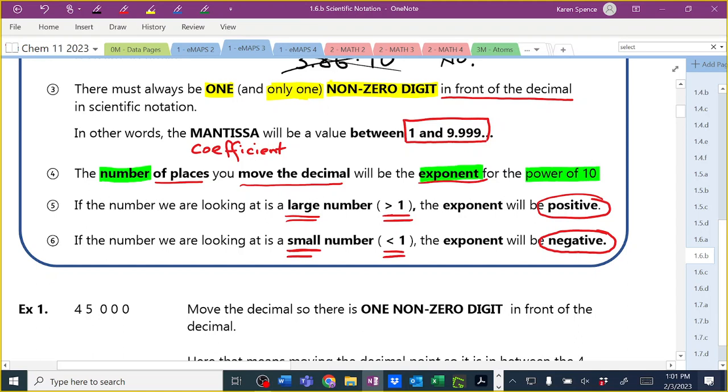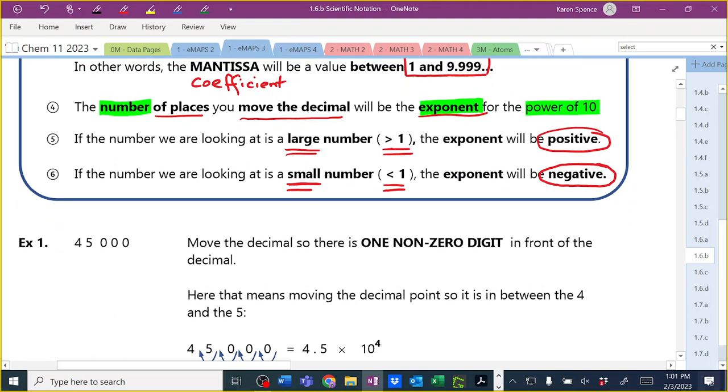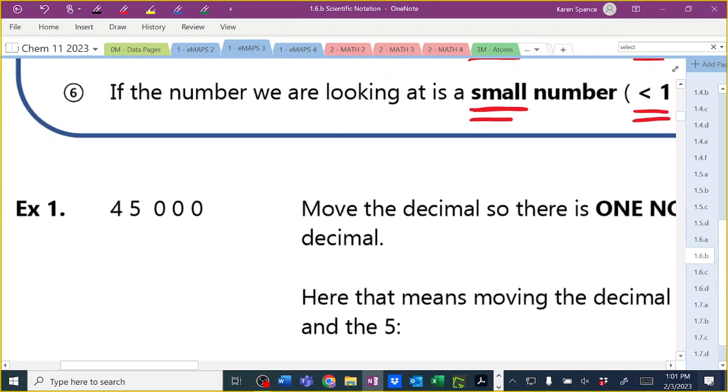Now the rules don't make a lot of sense out of context, so let's get down to some examples so you can see how this really works. Okay? All of this is written down for you, but I like showing you the process as we go. So I'm going to write it here. If I had to put a decimal in this number, I would put it here. And remember, the first thing about scientific notation we learned is that we need to have one non-zero digit in front of the decimal.